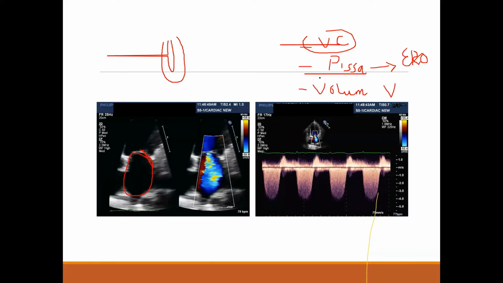I'm not going to discuss them, but the only thing is the vena contracta, because it is the most important.